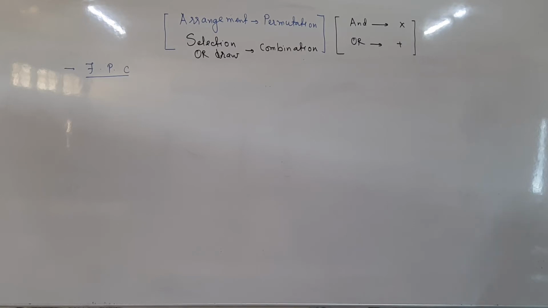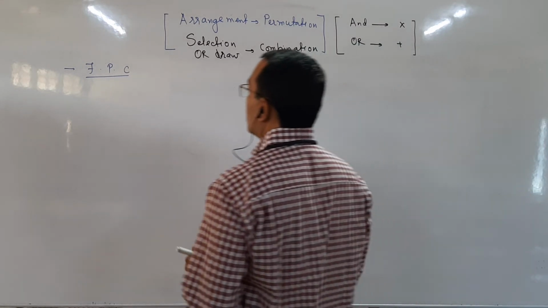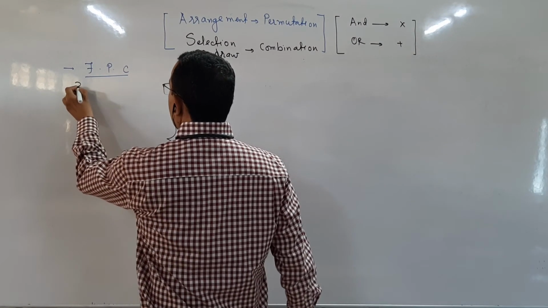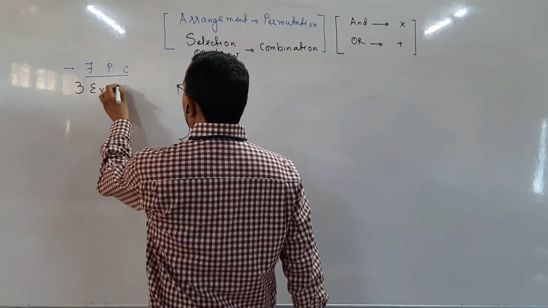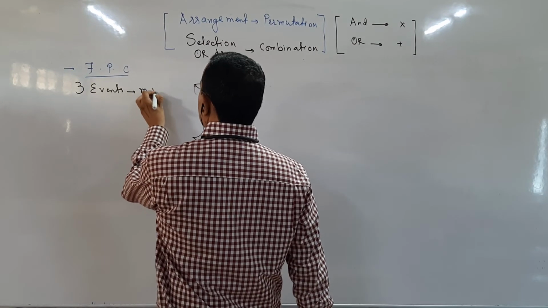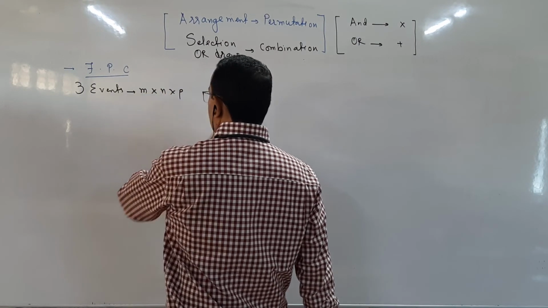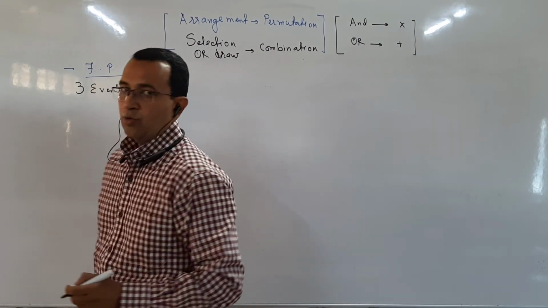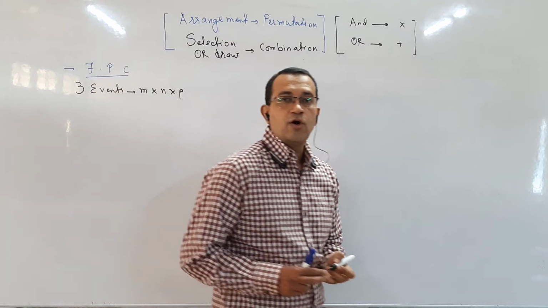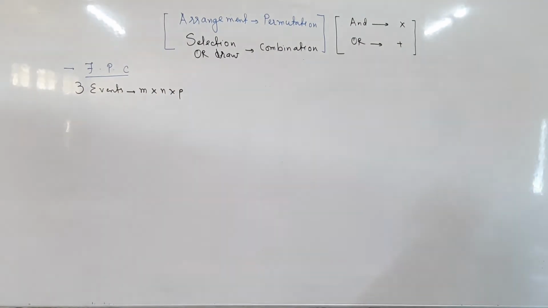Then the total ways in which all the 3 events can occur in order are m into n into p. So this is the fundamental principle of counting, students, for 3 events.